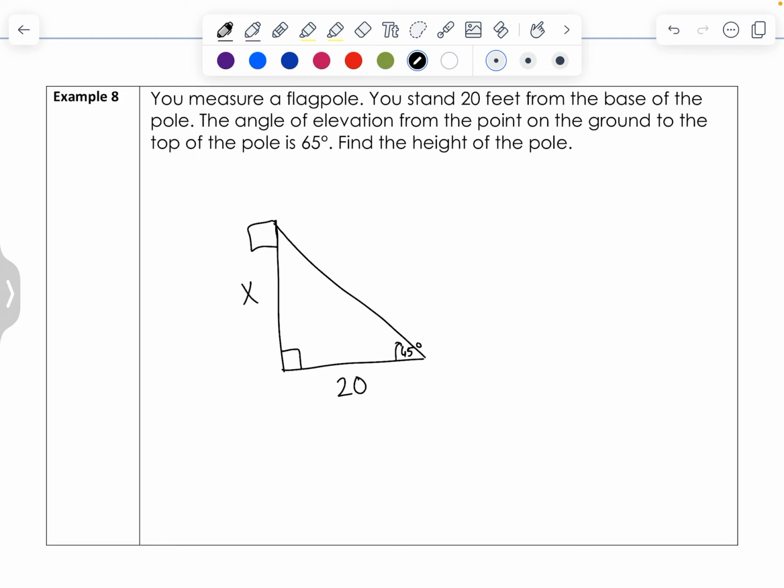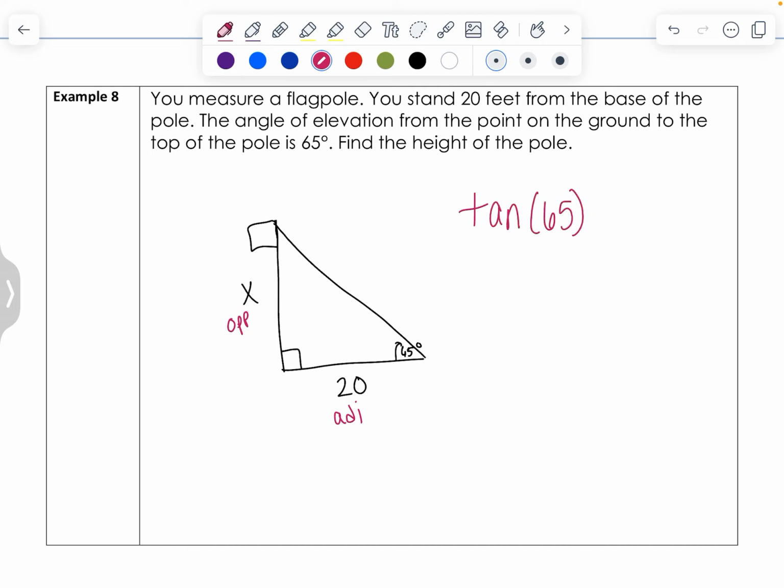So angle of elevation is 65 from where you're standing 20 feet away. Find the height of the flagpole. So based off of the 65-degree angle that was given, I have looking for the opposite side given the adjacent side. Opposite over adjacent goes with tangent, so that's what you need to use.